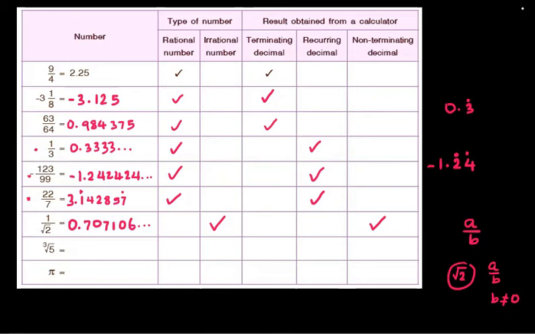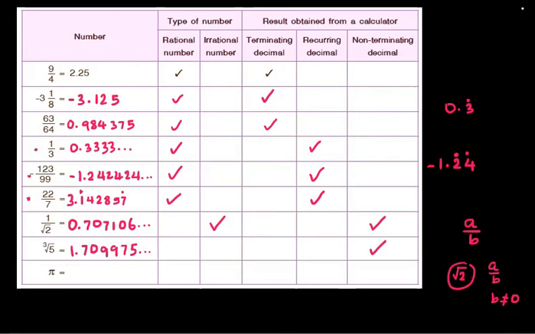Okay, that is 1.709975 and many other digits continuing. So again, there is no pattern of digits that are repeating. That's why we say that it is non-terminating.